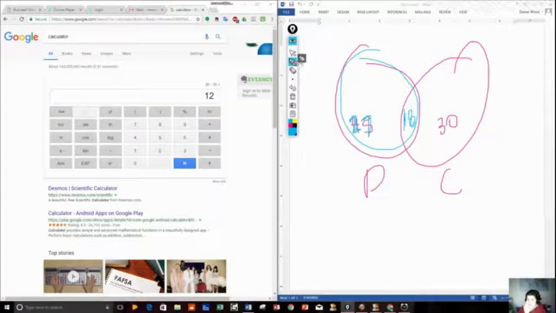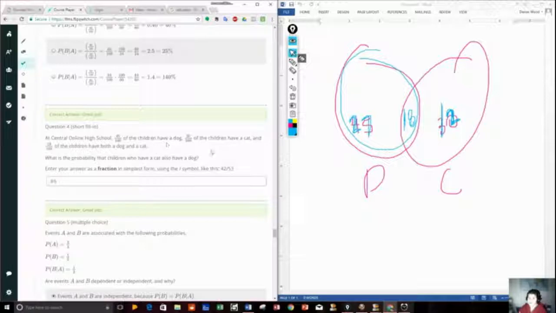It gives us 12, so only 12 kids have just a cat. We can double check that the cat circle still totals 30: 12 plus 18 equals 30.